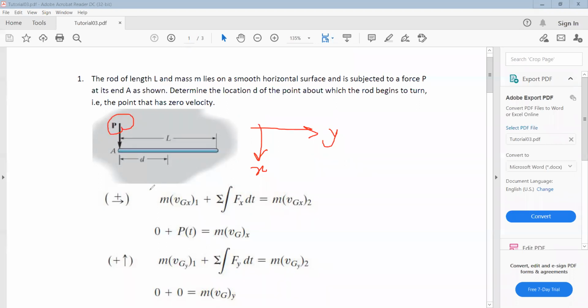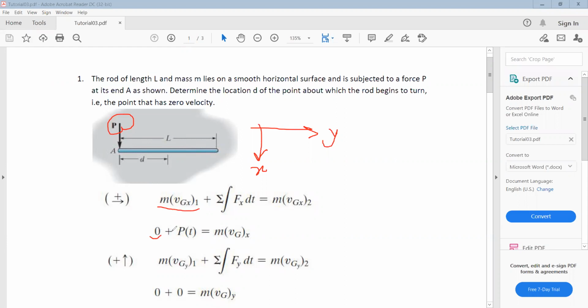So we will have mass times velocity. The initial velocity of the rod before this force P is applied is 0 because it's initially at rest, so the initial momentum is 0.